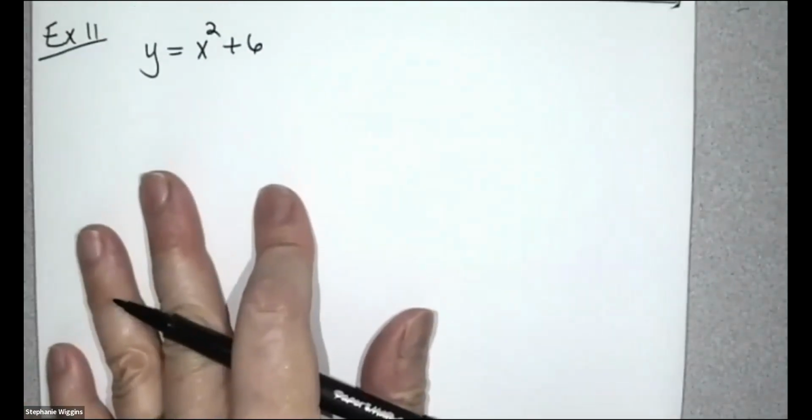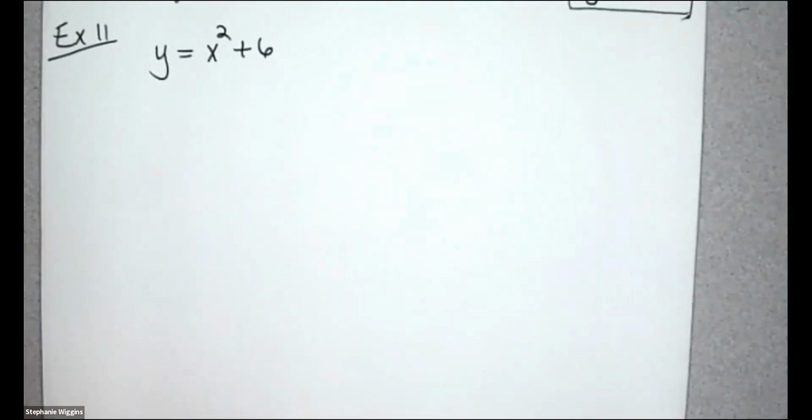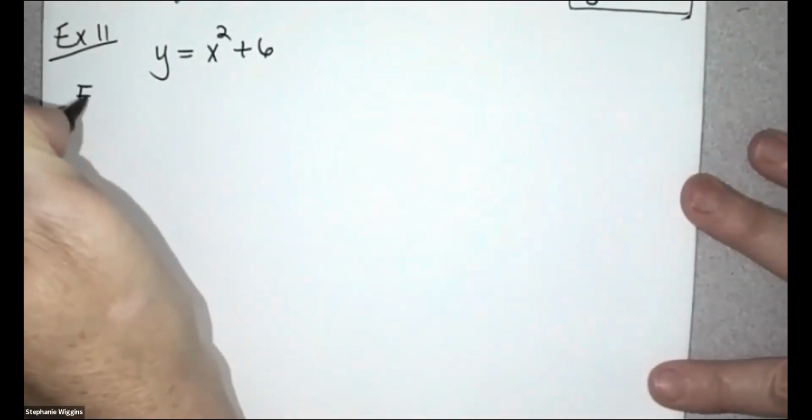Okay, we're given a function y equals x squared plus 6, let's say. And the question is, find where you have a horizontal tangent.